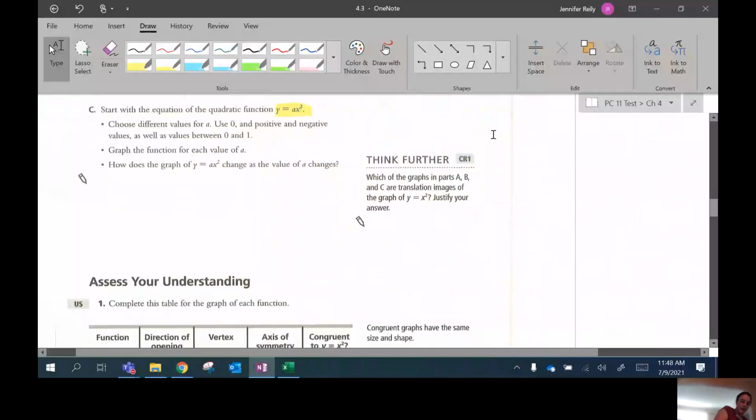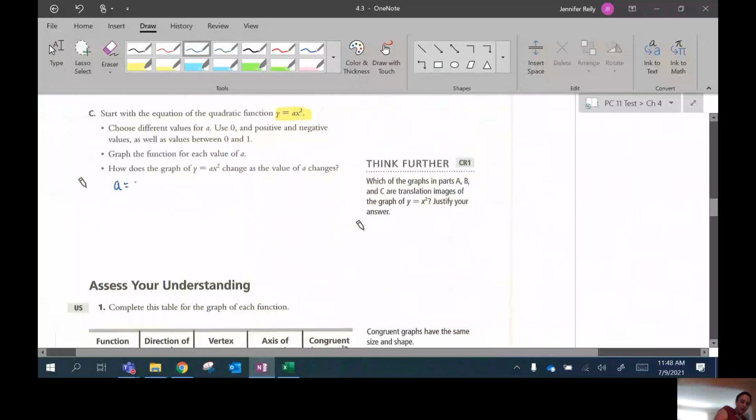Okay, so let's draw a couple of different scenarios here. Let's say a is greater than 1. It's going to be stretched. So it'll look like this. It'll be skinnier. So it's stretched vertically.